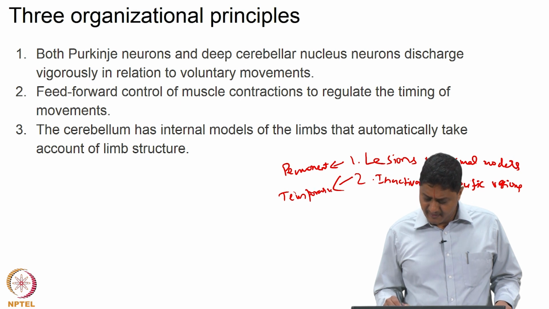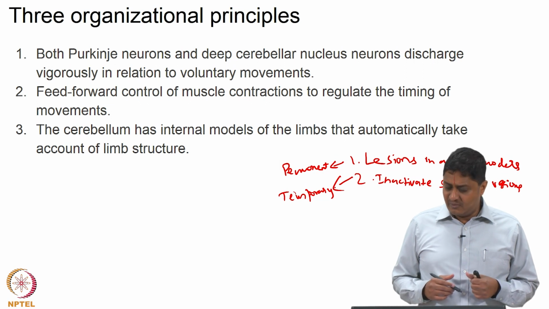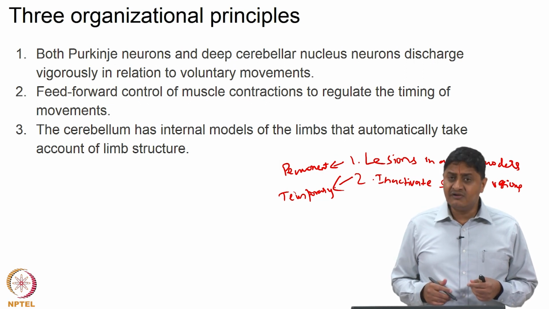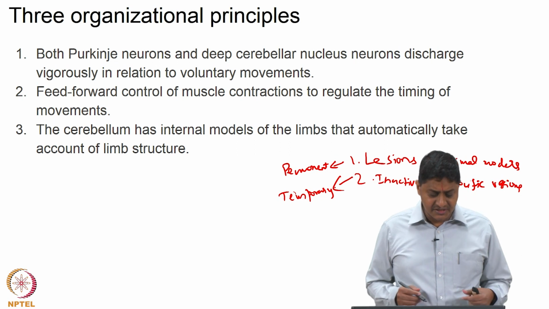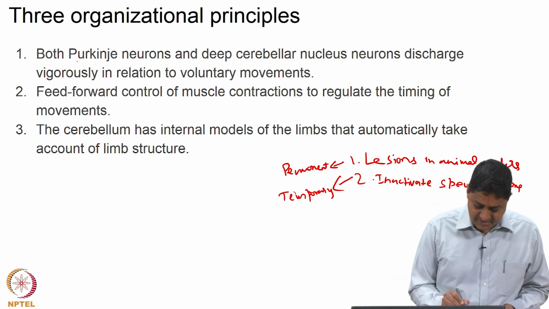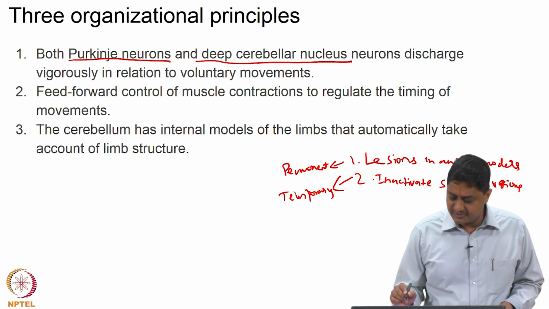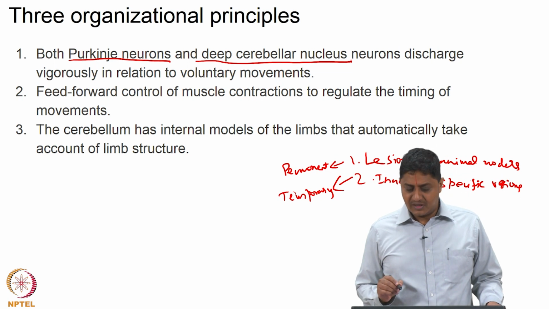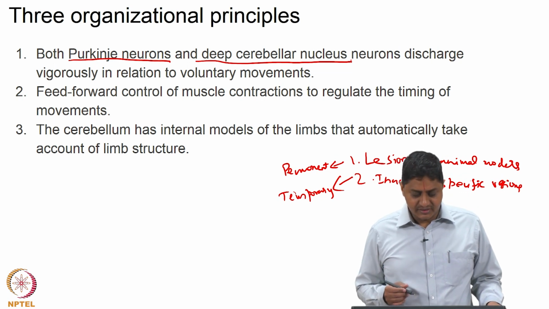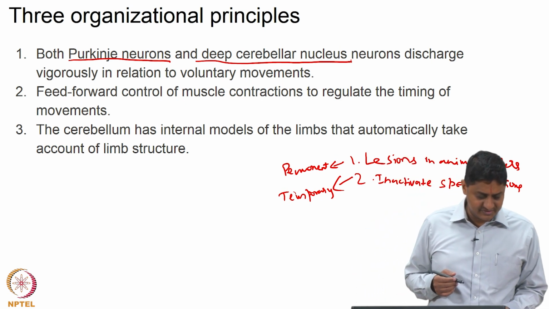Obviously. So from these animal models and studies we have learnt a few lessons, and these lessons are listed here. First is that Purkinje neurons and neurons in the deep cerebellar nuclei discharge vigorously in relation to voluntary movements. What does that mean?